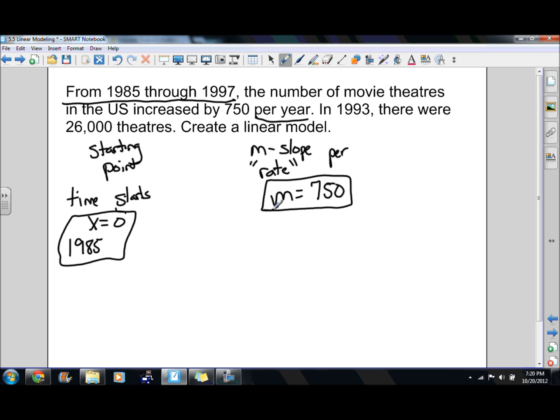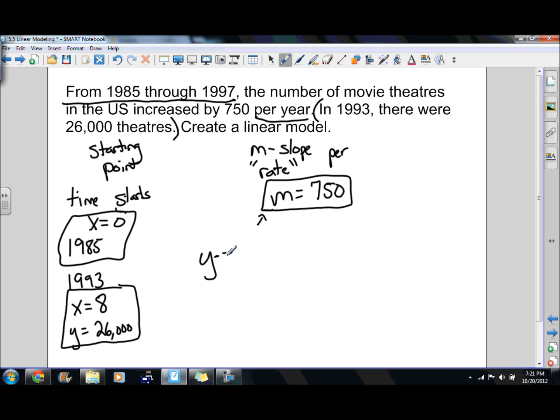Well, the only other information we have in this problem is right here. In 1993, there were 26,000 theaters. Well, we know that if 1985 is our starting point, 1993 is going to be x equals 8, and our y value, or the number of theaters at that time, is 26,000, meaning we have an ordered pair and we have a slope, meaning we can use this equation.